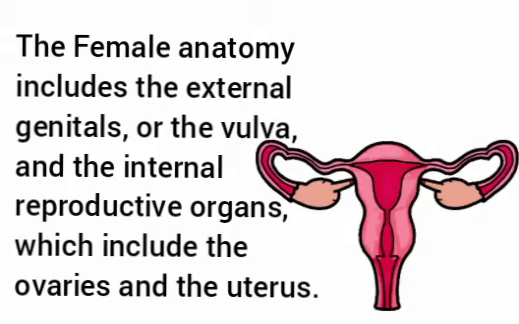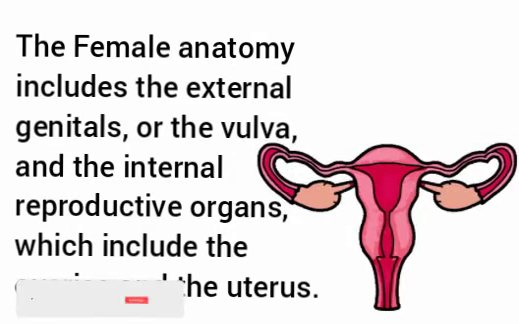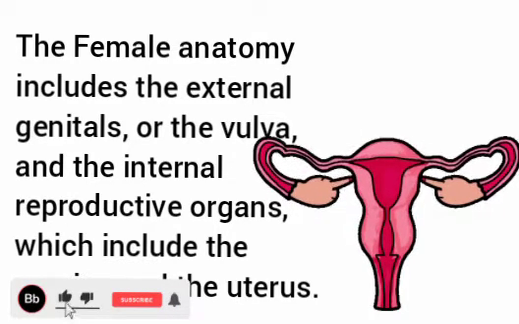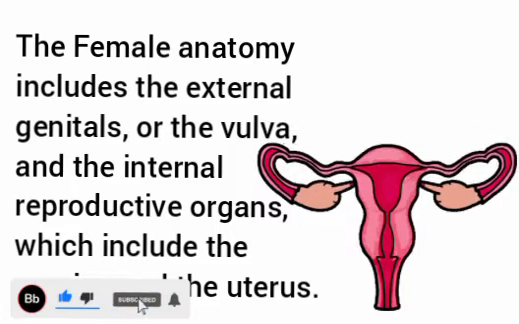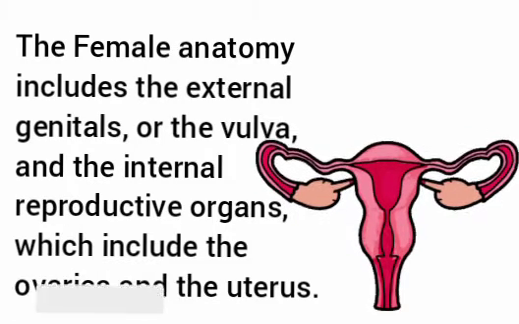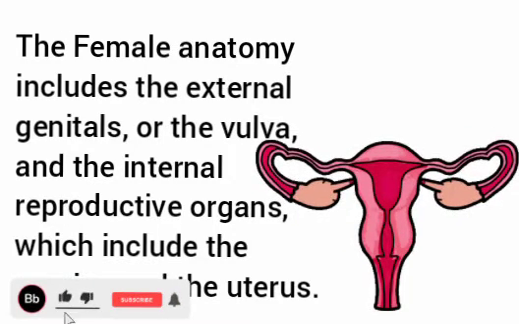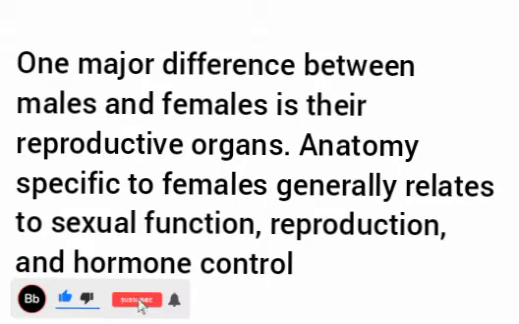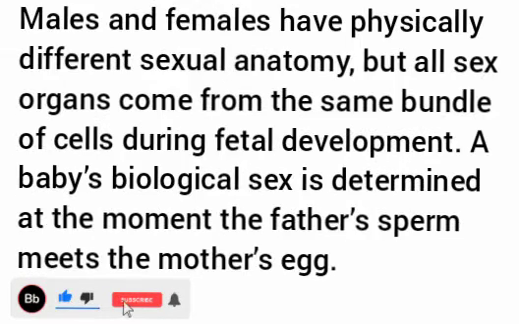The female anatomy includes the external genitals or the vulva and the internal reproductive organs, which include the ovaries and the uterus. One major difference between males and females is their reproductive organs. Anatomy specific to females generally relates to sexual functions, reproduction, and hormone control.